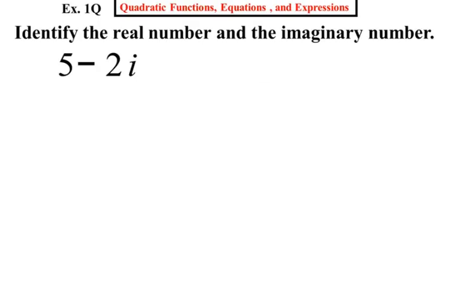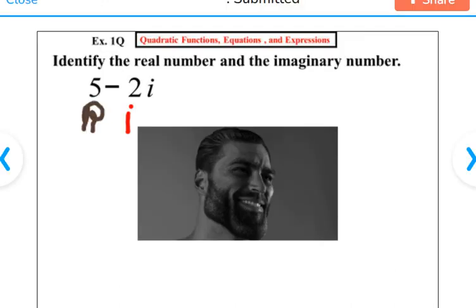So with that said, on your screen, label that next one. Example 1Q reads, identify the real number and the imaginary number. Once you label it on your screen, copy it on your paper, and then submit. Go. All right, looks like we got this straight.